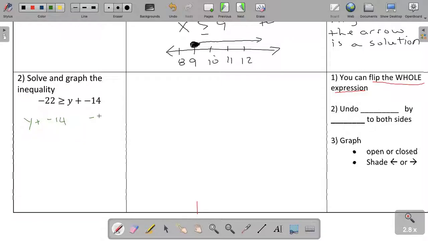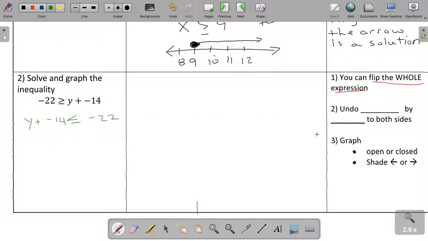I'm going to write the negative 22 over here, and you'll notice my arrow is pointing to the y plus negative 14 side. That arrow's got to still point to the y plus negative 14. Okay, the alligator mouth is open to negative 22. So when you flip the whole expression, you have to make sure you change the sign too.